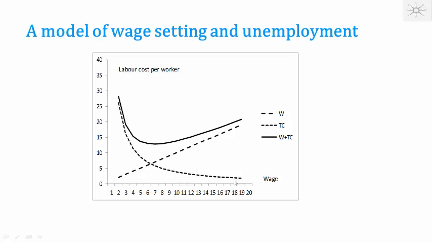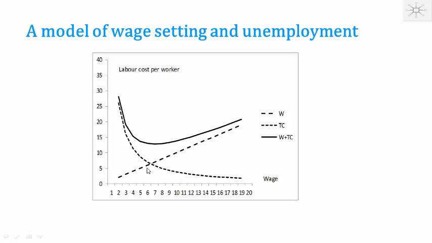The idea here is that if we set a very low wage, say a wage of 3, then there will be very high turnover costs because you need to recruit and train a lot of new workers all the time. On the other hand, if you set a very high wage, say 18, then very few workers will want to leave this good job with a high wage, so you have very low turnover cost.